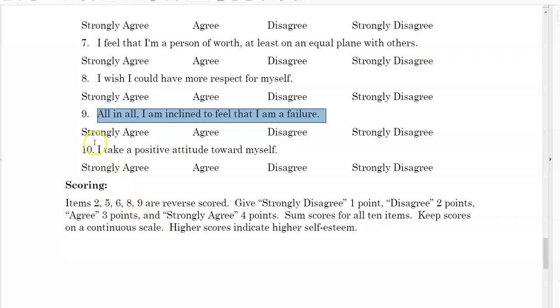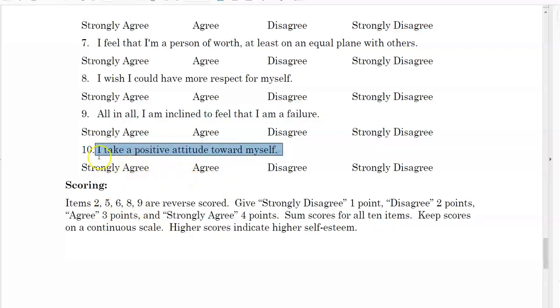Take, for example, item number 10: I take a positive attitude toward myself. So in order to make all the items point in the same positive direction, they advise you to reverse score the negative items. Why is that?